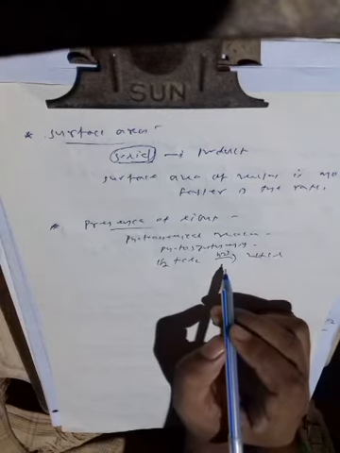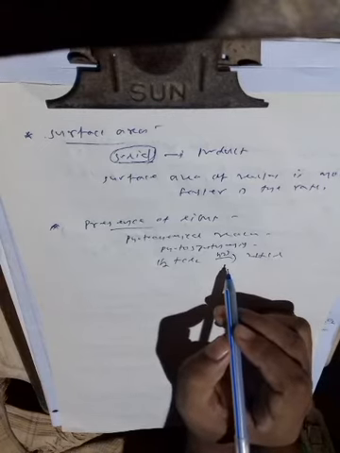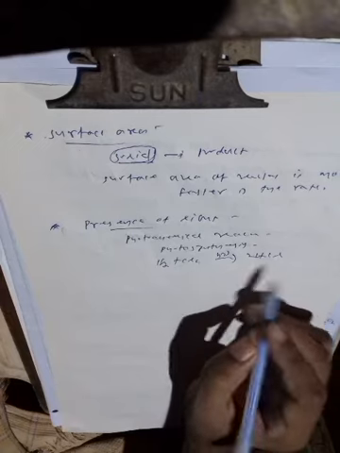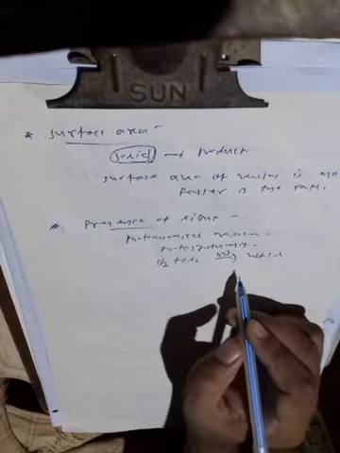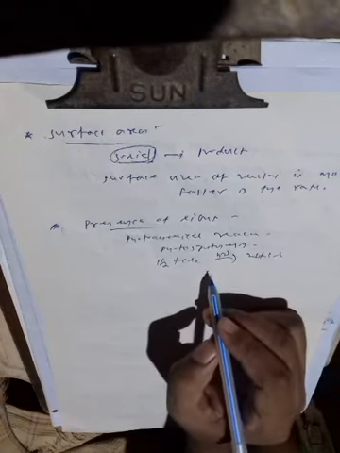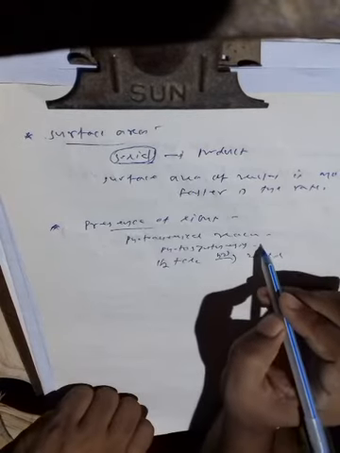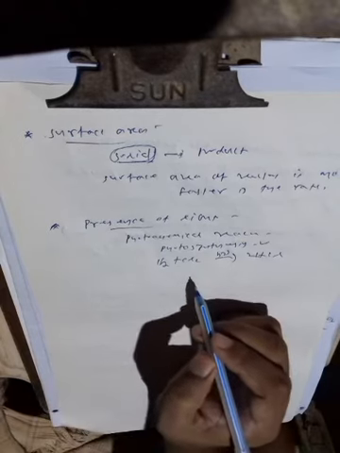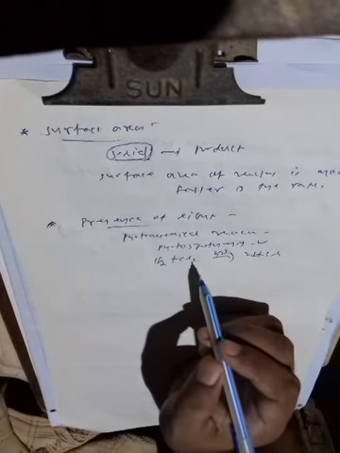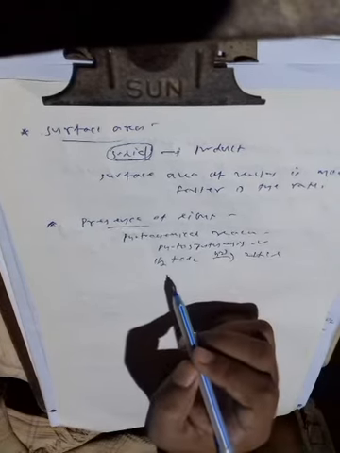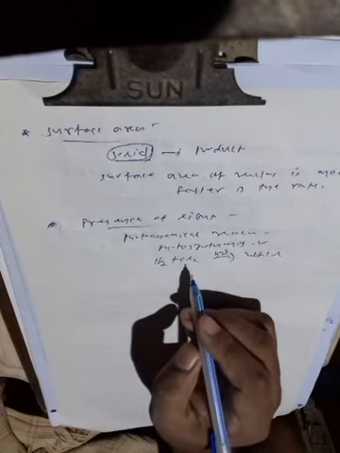So light also affects the rate of chemical reactions. In the absence of light, the rate is so slow you can't even measure it. In the photosynthesis reaction, in the absence of light, the reaction doesn't occur at all. So light is the essential factor.